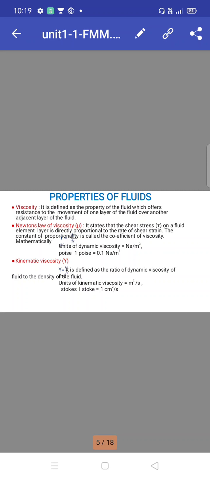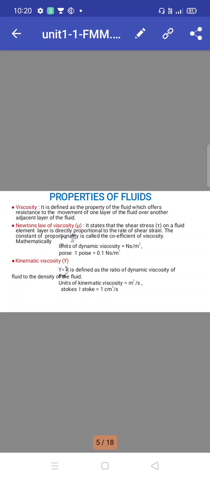Then Newton's law of viscosity. It states that the shear stress on a fluid element layer is directly proportional to the rate of shear strain. So we can use tau is equal to mu into du by dy.